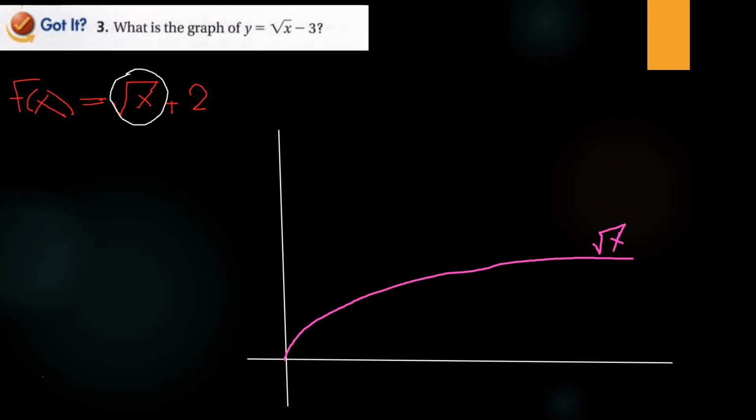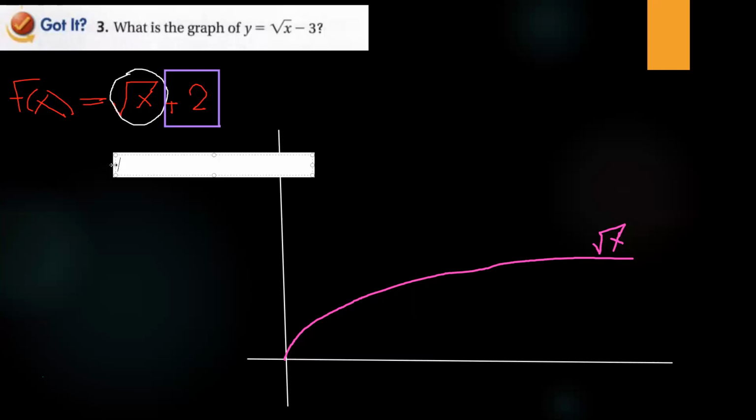Yes, teacher. Right. Yes, now, if I have square root of x plus 2, this plus 2 here, as you see, that means I have to shift 2 units upward. Shift 2 units upward. What does it mean?